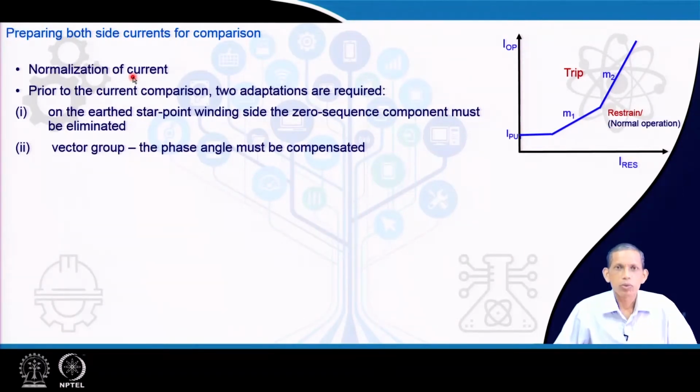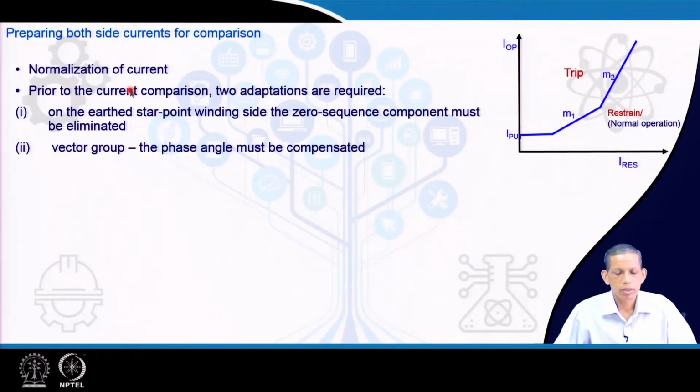We know how to normalize the current using the CT ratio of one side or the two side, that is high voltage or the low voltage side. You remember, we consider one for the high voltage and two for the low voltage in our convention. But before going to the differential calculation for the assessment by the relay on trip or restraint, two more important steps are required.